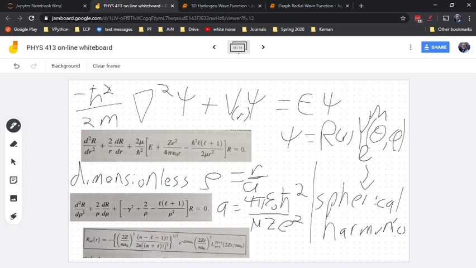So you're literally taking all of these constants and combining them in such a way that they create a length. If you take the units of epsilon naught, the angular momentum units of h bar, the mass here, and the electric charge squared here, you end up with units of length. So this is the Bohr radius.